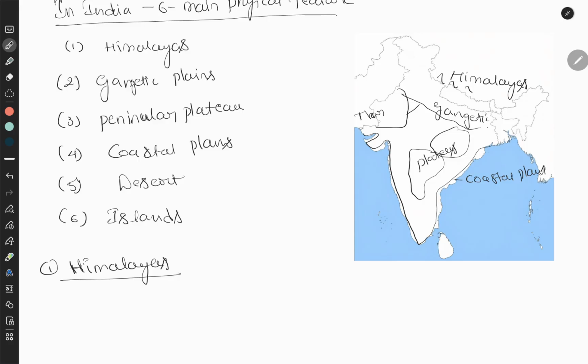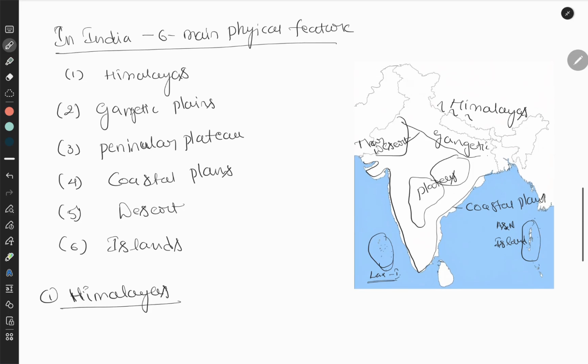And islands: we have the Andaman and Nicobar Islands and the Lakshadweep Islands. So these are the 6 main physical features. These physical features we will discuss one by one.